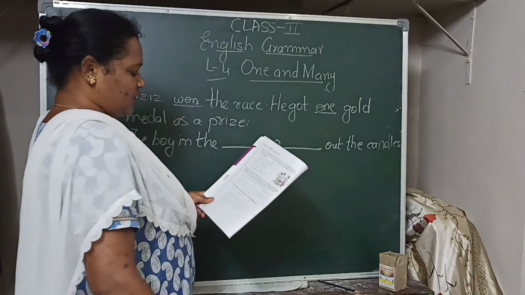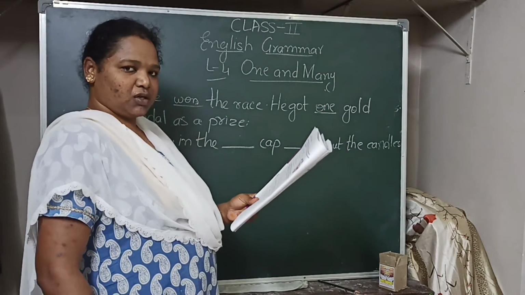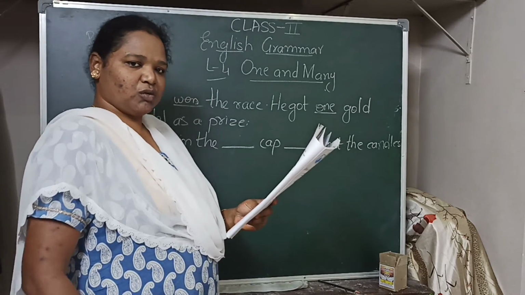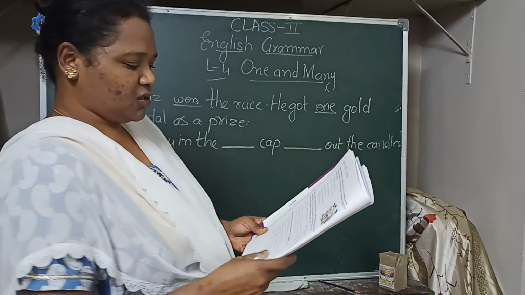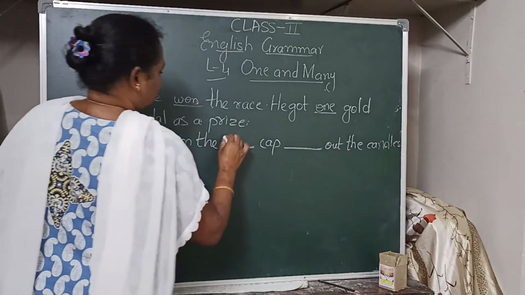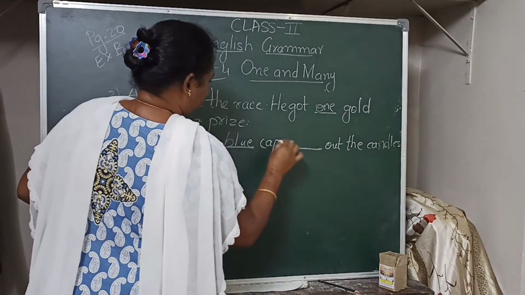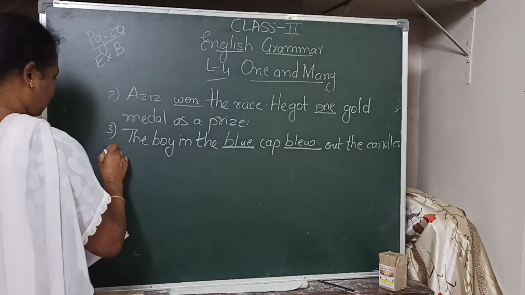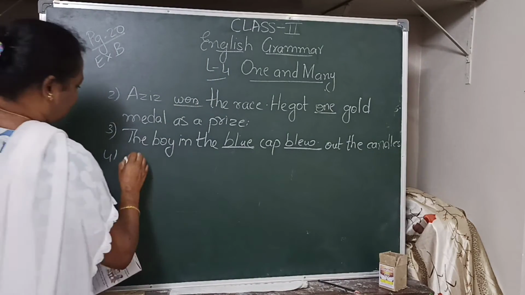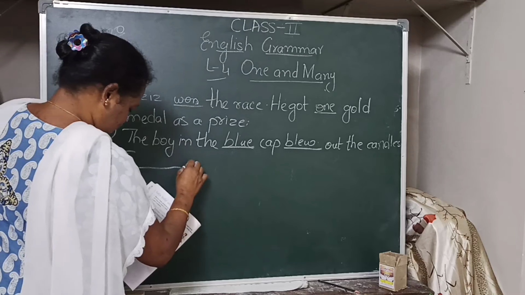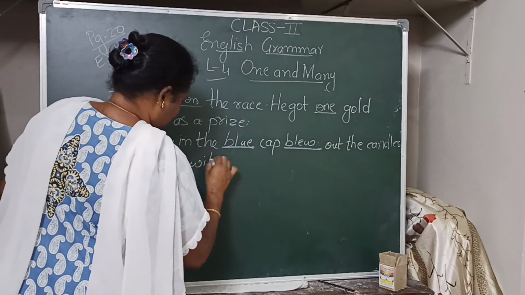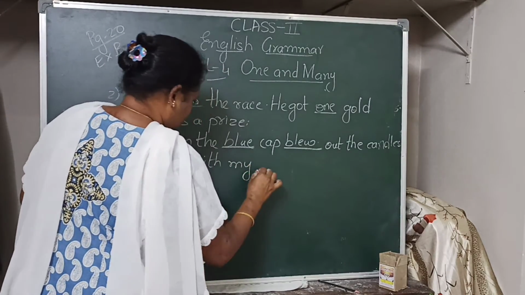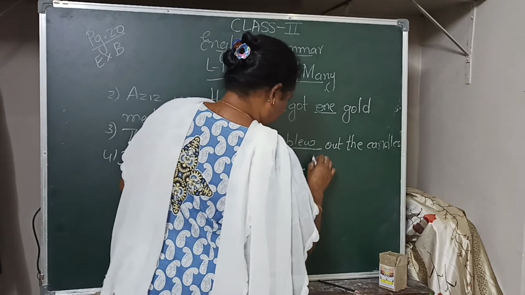They have given the words blue, B-L-U-E, and blew, B-L-E-W. Both words sound the same. So the boy in the blue cap blew out the candles. Okay. Fourth one, I dash with my dash hand.